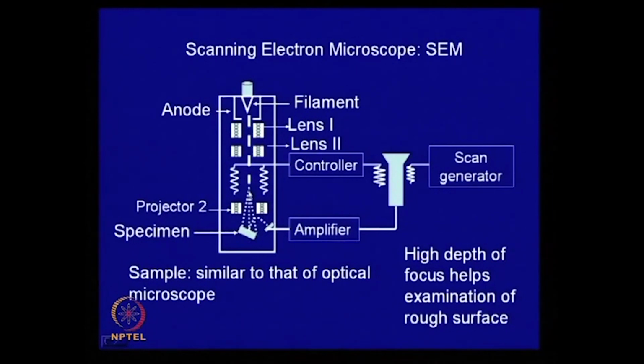And what you collect from here is, when this beam strikes, some of the electrons are reflected, some penetrate a little, and some secondary electrons are emitted.